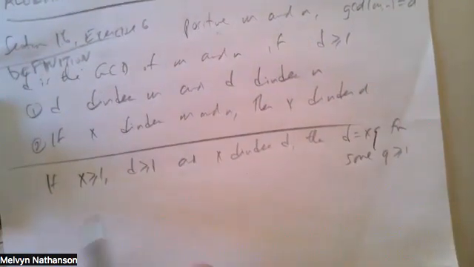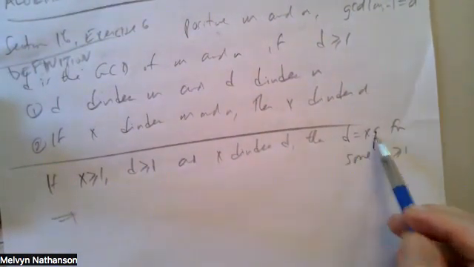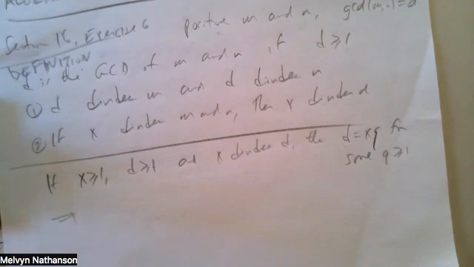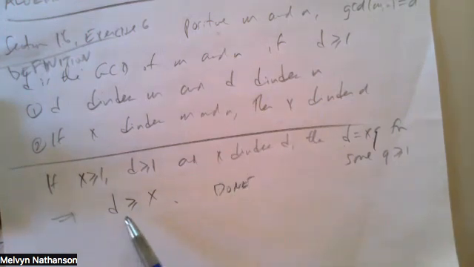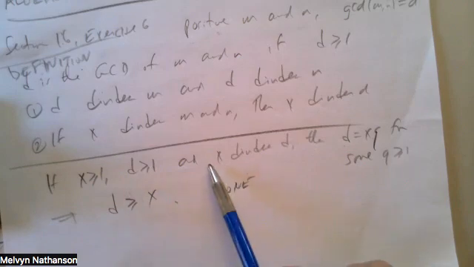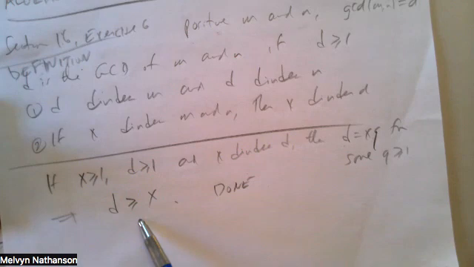That's what divisibility means, which means if d is x times q, and q is at least 1, then d is greater than or equal to x. And we're done. So this says that if you take any common divisor of m and n, it's less than or equal to d. So d is the largest one. That's the whole proof.